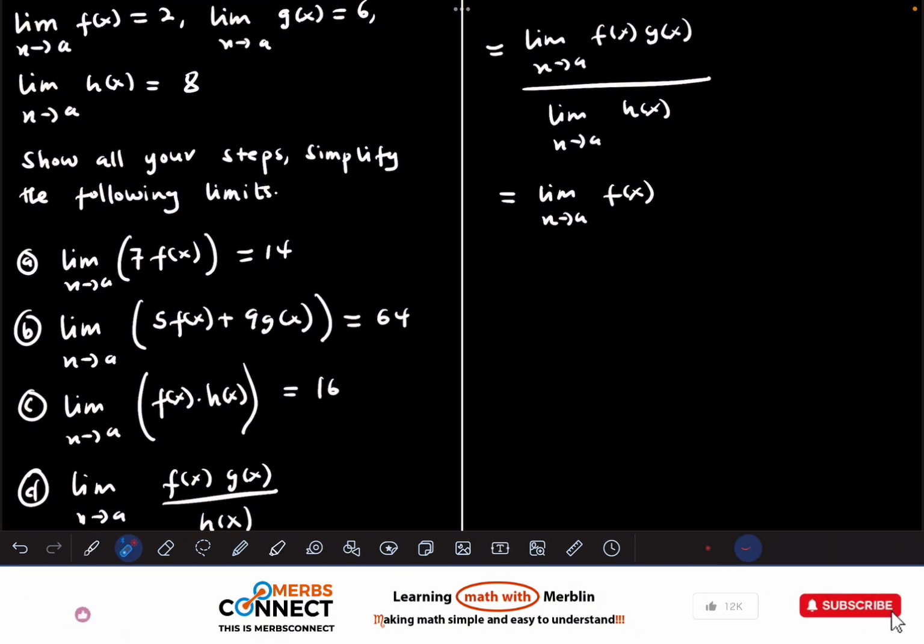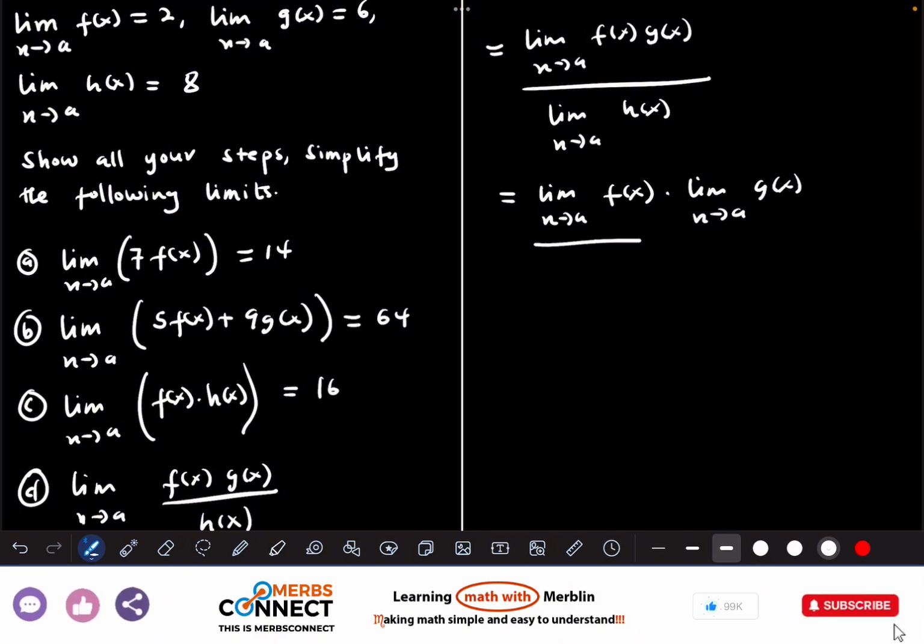So we have this function multiplying this function, so we can use the property of product to do that, and this is going to be limit x is approaching a of h of x.